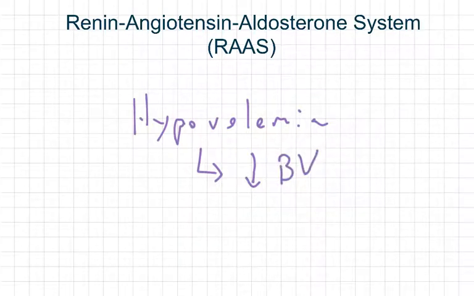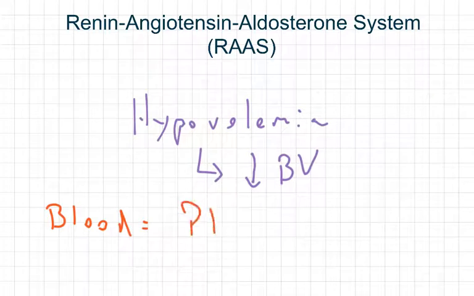And so how do we get low blood volume? Very quickly, when we look at the components of blood, blood is made of plasma and erythrocytes, also known as red blood cells.